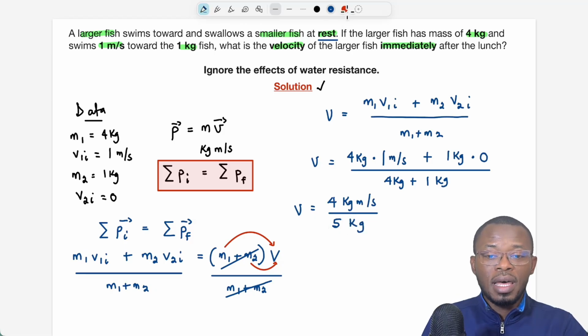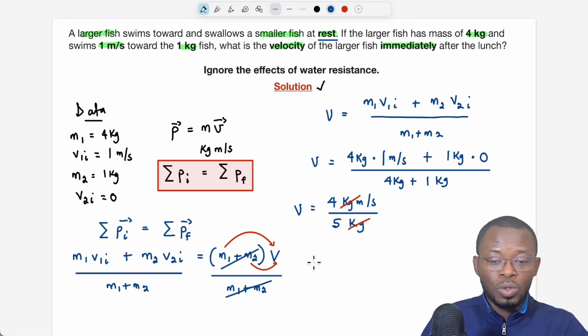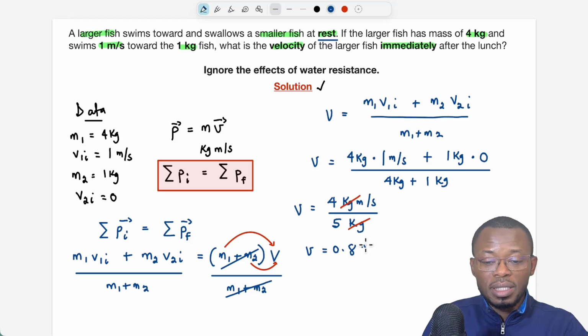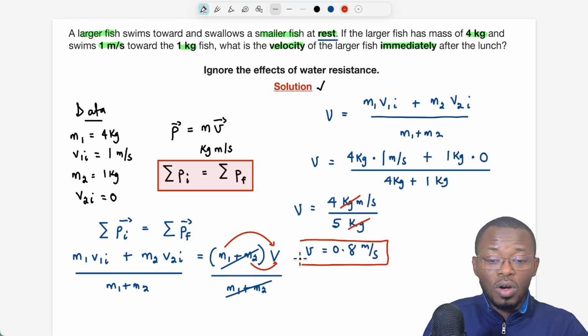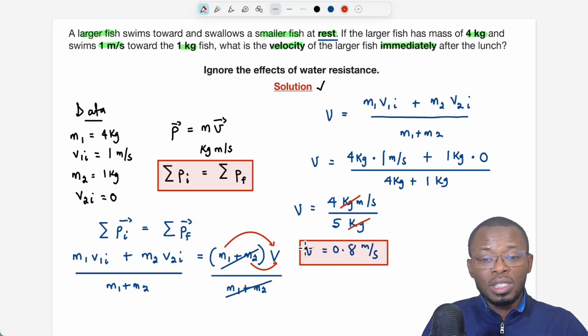Now we can cancel the kilogram units, and we are left with the unit for speed, meters per second, which is the same as the unit for velocity. So our final velocity is 4 divided by 5, which is 0.8 meters per second. This would be the velocity of the larger fish immediately after swallowing the smaller fish.